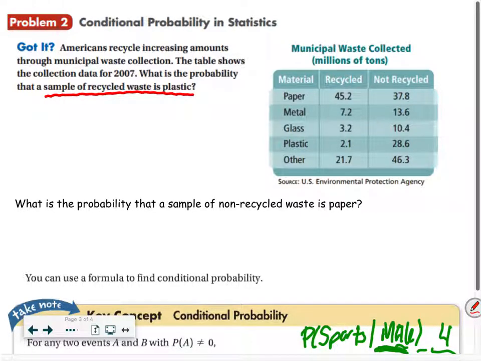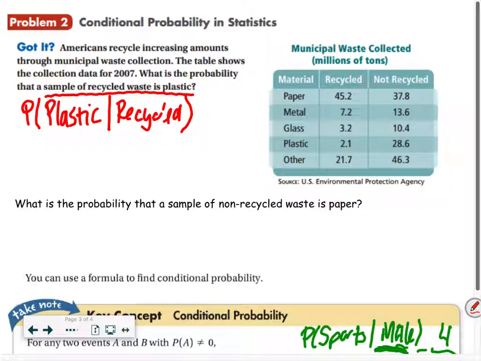The first condition is that it has to be recycled, so that's our given part, the back part. The other condition is that it has to be plastic. So our probability is that it is plastic given that it's recycled.